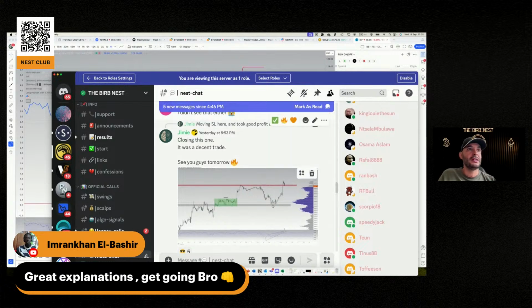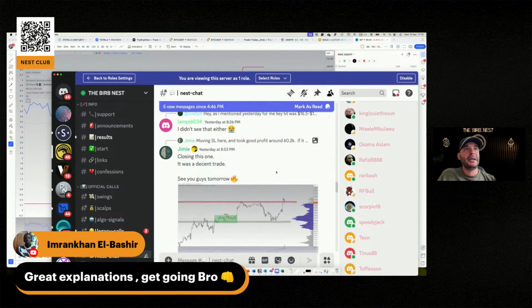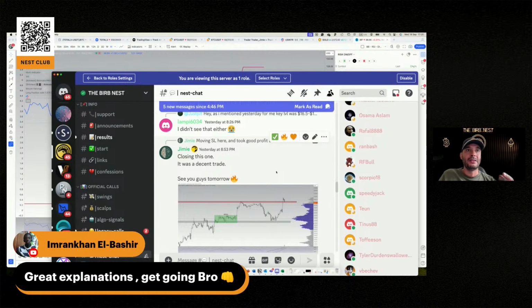I shared this trade setup, which did pretty well, but I decided that trade was my last trade, and I'm not gonna open new trades since we're gonna have FOMC later.